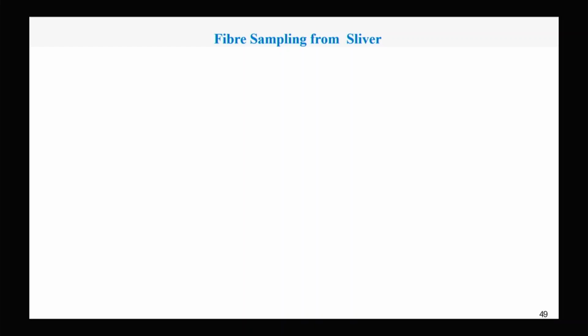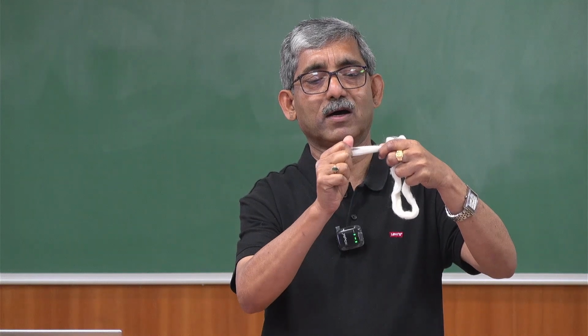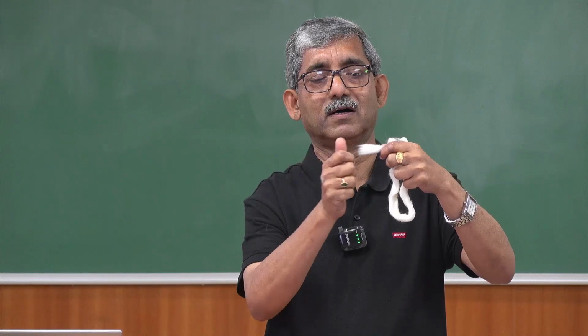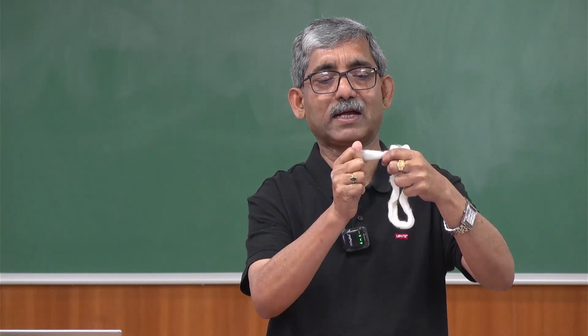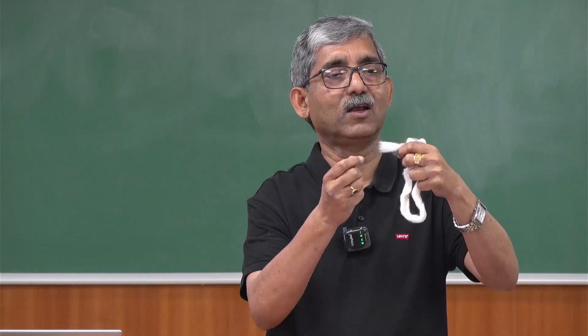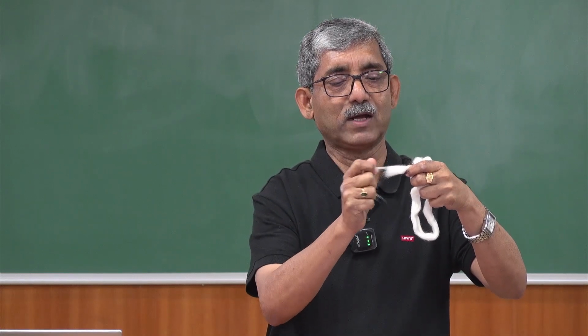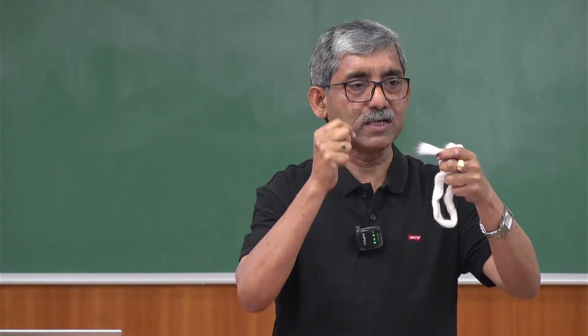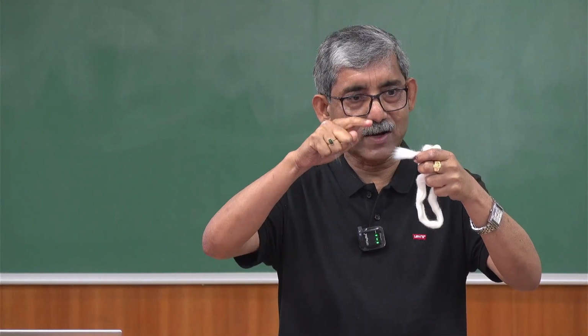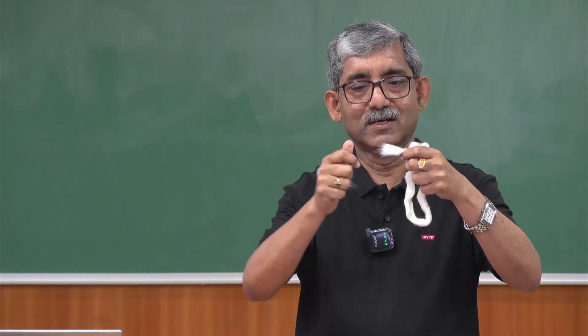Now, fiber sampling from sliver. This is the sliver, and we remove some fibers from the edge till the longest fibers are removed, because there is always a possibility that edge fibers may be damaged.